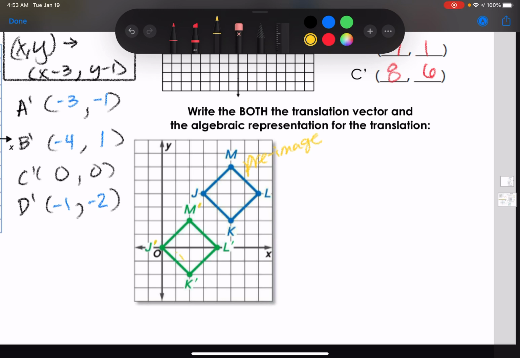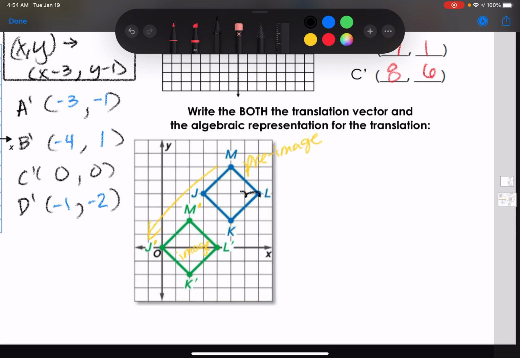So this means this is our image, and this is what we're going to. Alright, so I like to pick just one point, and I'm gonna pick point L just because it's easy and it's on the origin. You can pick any single one of these points, and you will get the same representation and same vector.